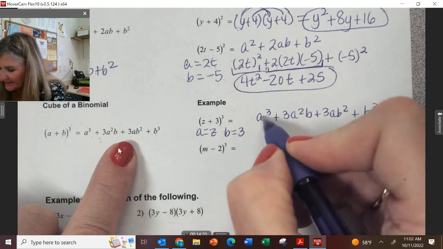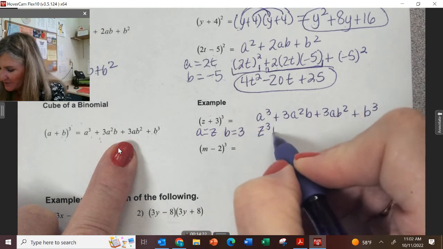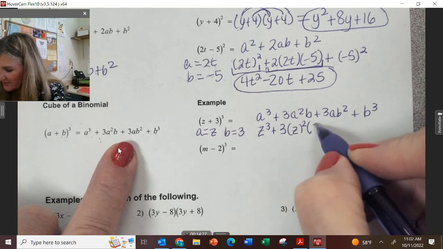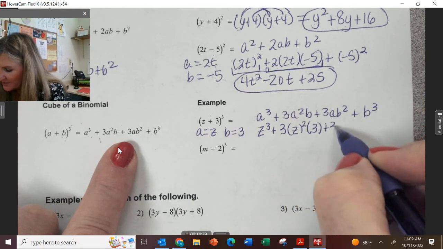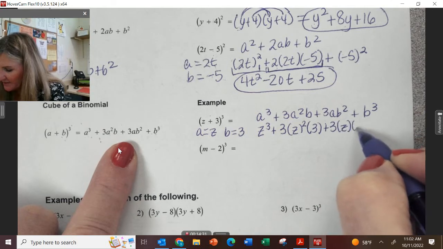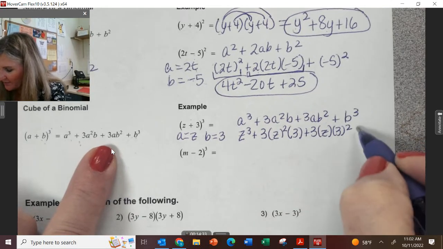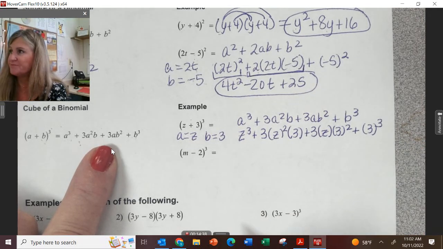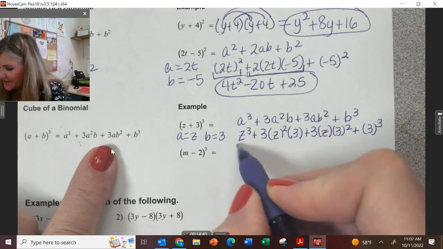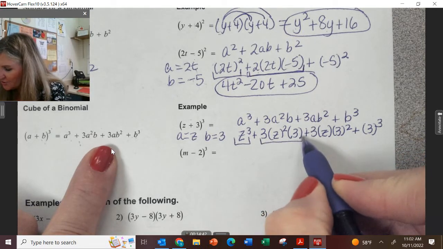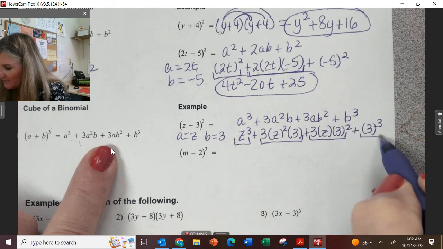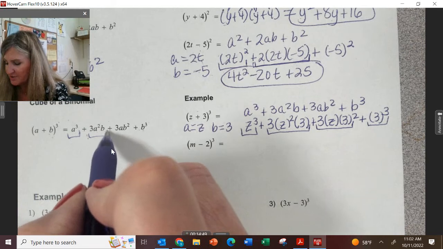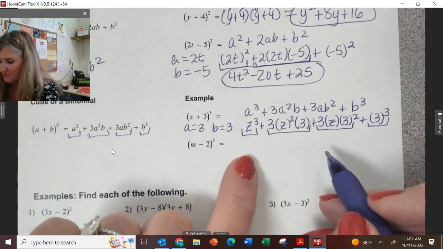A is z, so I'm going to have z cubed plus 3 times z squared times 3 plus 3 times z times 3 squared plus 3 cubed. We actually have 1, 2, 3, 4 terms. That's what we're supposed to have. 1, 2, 3, 4 terms.